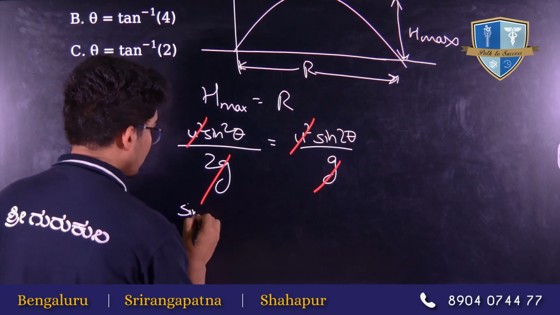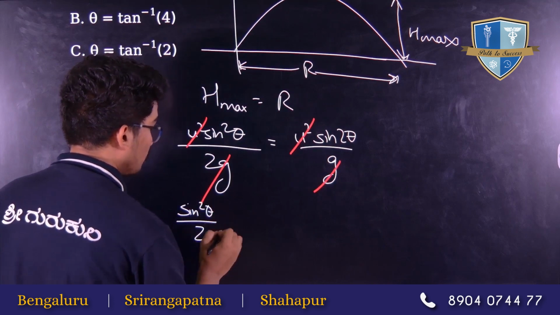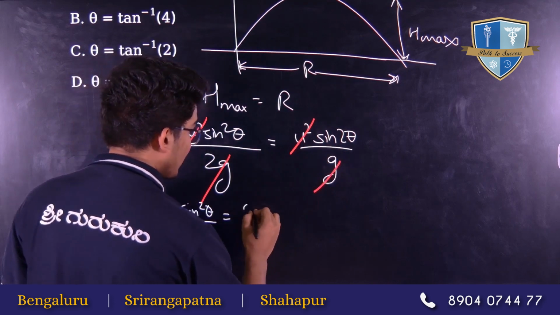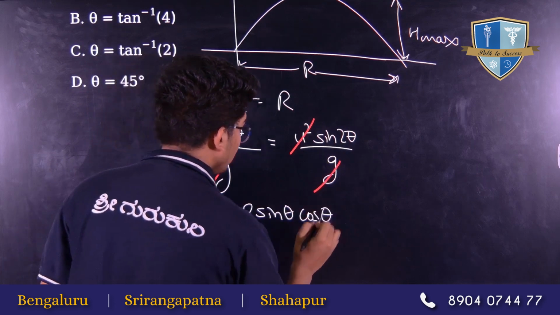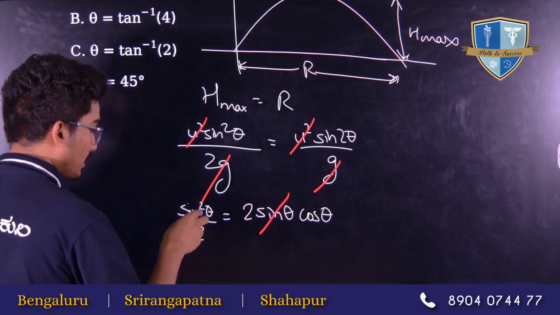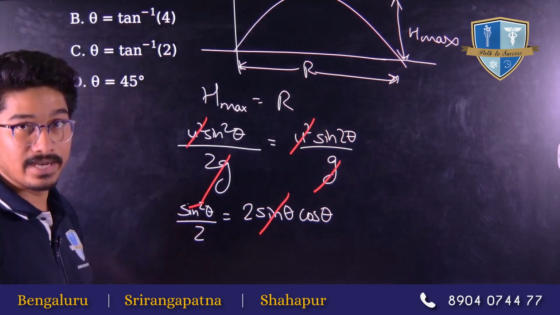So sin square theta by 2 is equal to, sin 2 theta is 2 sin theta cos theta, correct? So one sin theta will cancel out.